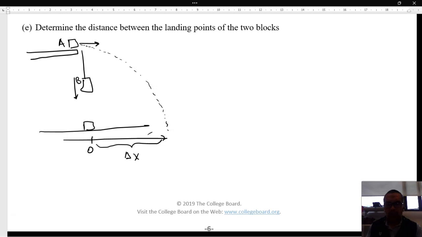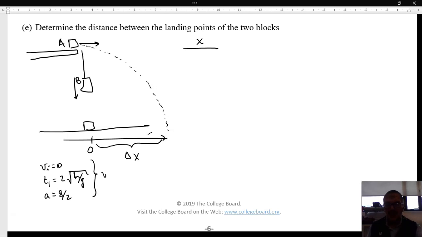Now, this has become a projectile problem, and in that projectile problem, you can have several pieces of data. For example, block A started out with an initial velocity of 0 over a time interval, which we just found out was 2 times the square root of h over g, and with an acceleration of g over 2.